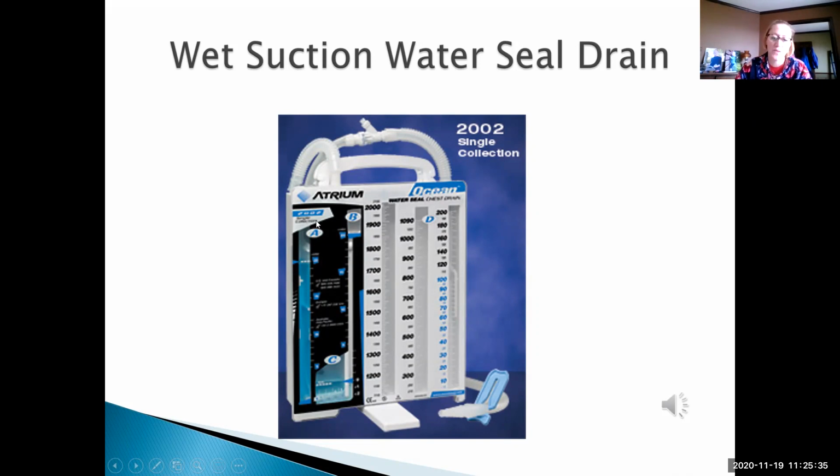And then A here, so this is a wet suction water seal drainage system. Here's your suction chamber, chamber A. Depending on what the physician orders as far as the amount of suction they want, this determines how much you fill up in this section.